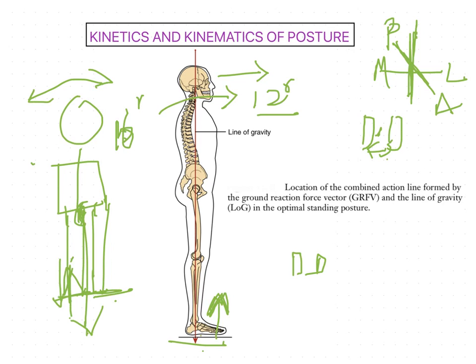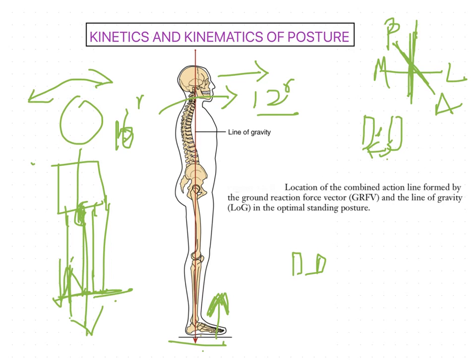The COP, like the COG, is a theoretical point where the force is considered to act, although the body surface in contact with the ground may have forces acting over a large portion of the surface area.